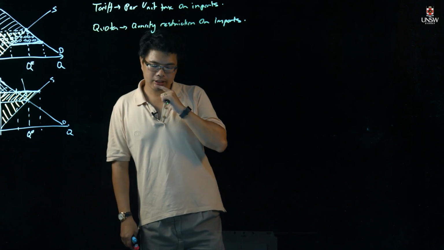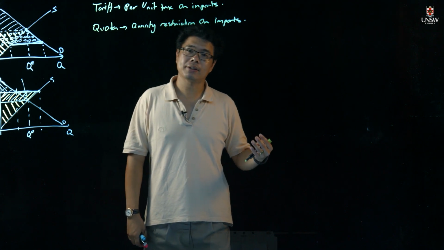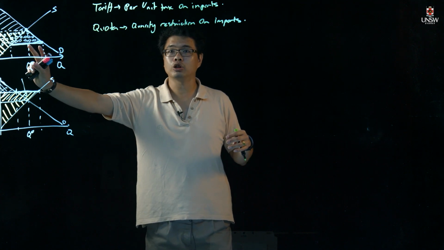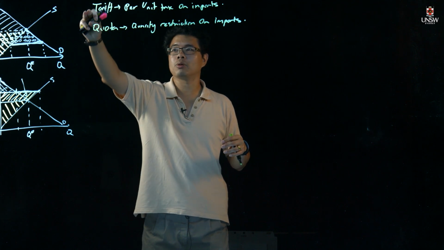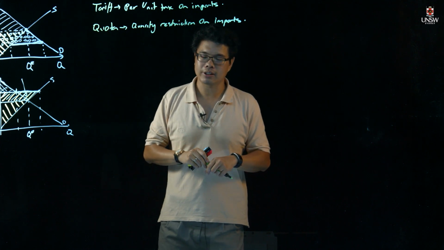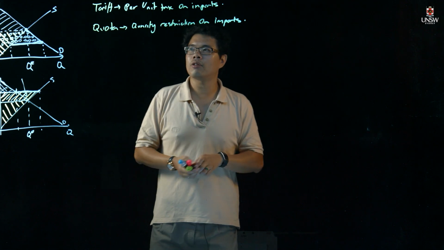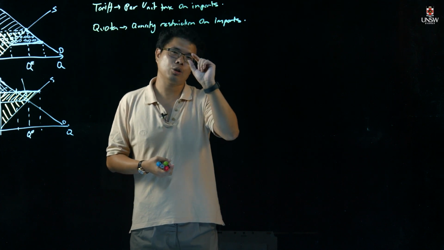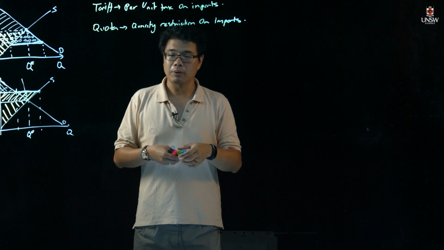Let's do a bit of analysis as to what actually happens once we move from this world where we have free trade, and the government attempts to implement each of these policies. So let's start off with the tariff, because I think most of you, once you get the tariff, the quota should come across a little more intuitively.